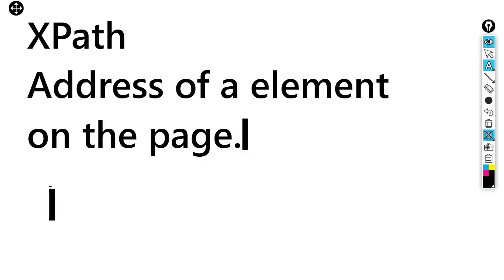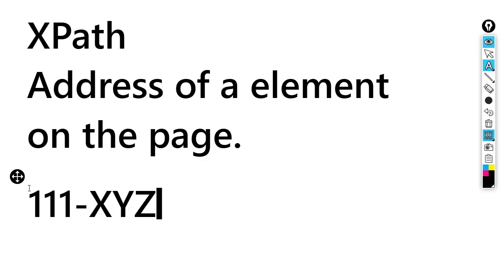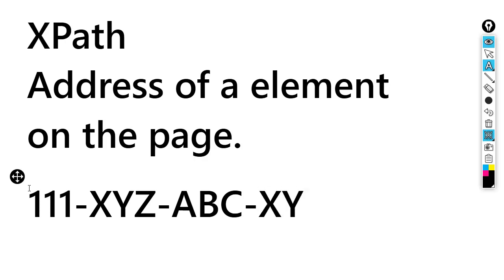For example, suppose I'm staying in some city, in some house number, say house number is 111, the locality is XYZ, city is ABC, and the province is say XY, right?